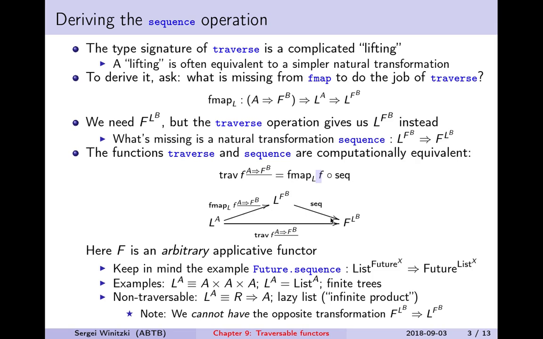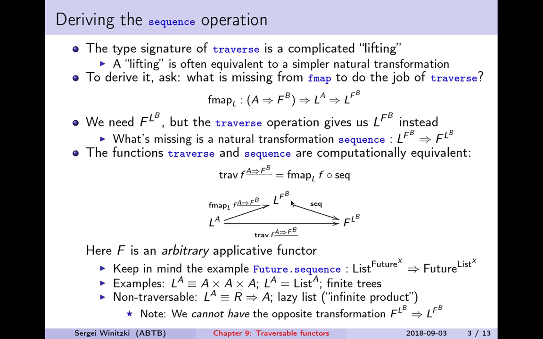And so that's a pattern we have seen time and again, where the result is that traverse and sequence are computationally equivalent. You can derive one from the other and back, and you get the same function back. So I'm not going to spend time proving it again, since it's exactly the same proof as we had many times. Just a different type signature.